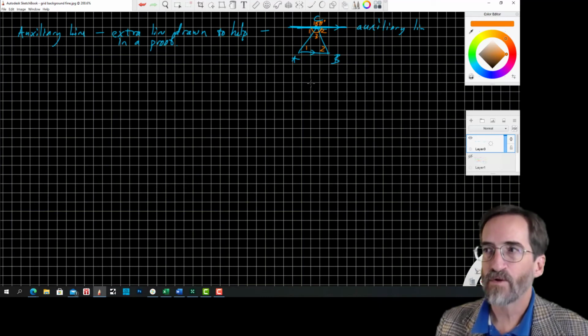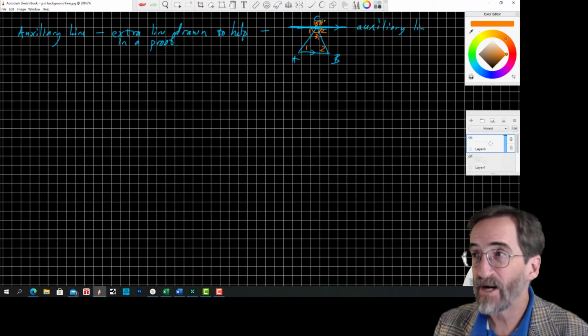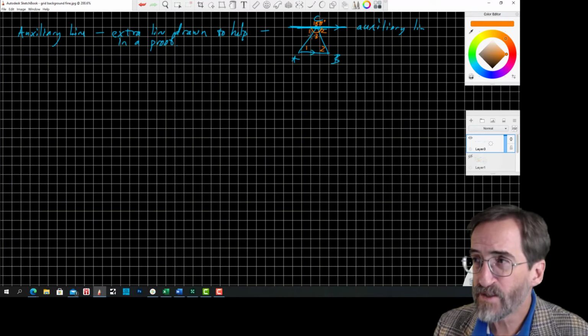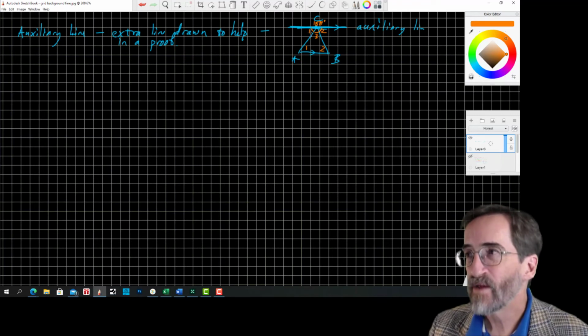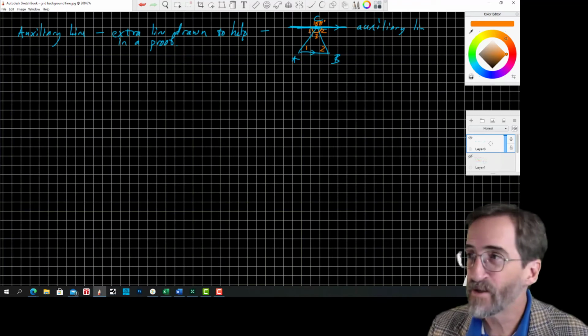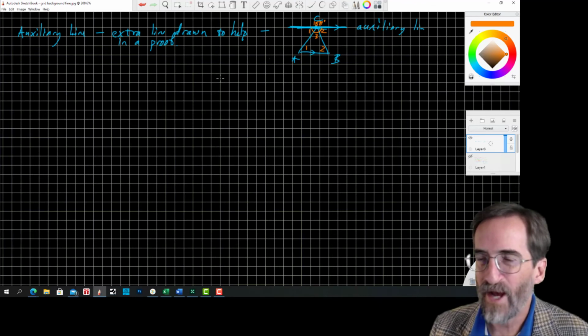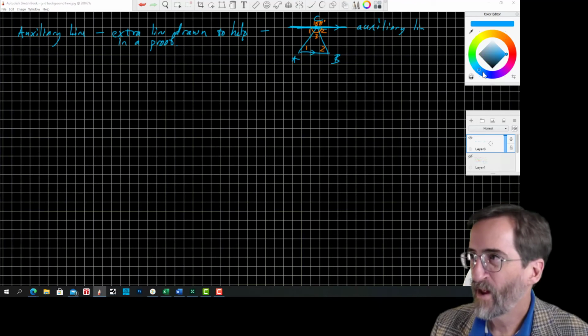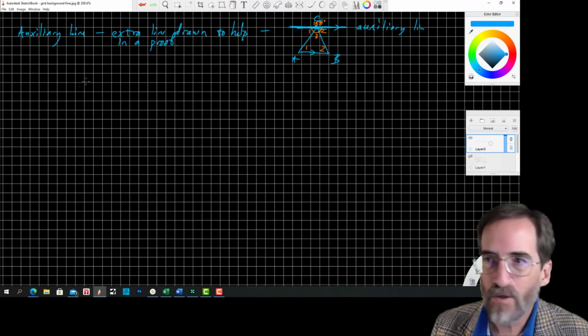So angles 1, 2, and 3, by the alternate interior angle theorem and by the definition of supplementary angles, or the linear pair postulate if you like, add to 180. It's a little more complicated than that, but they add to 180.